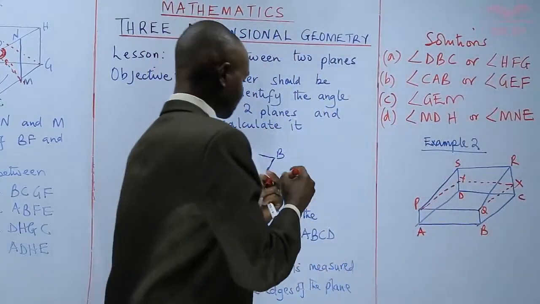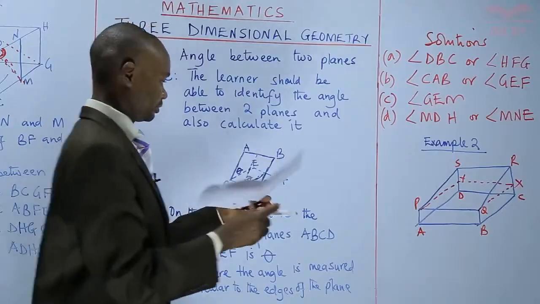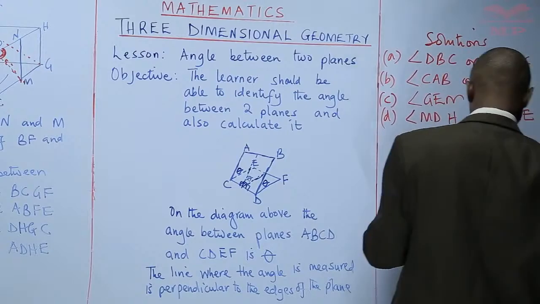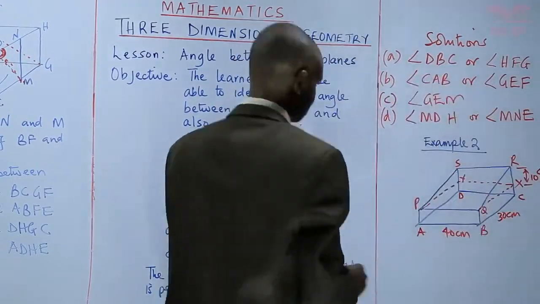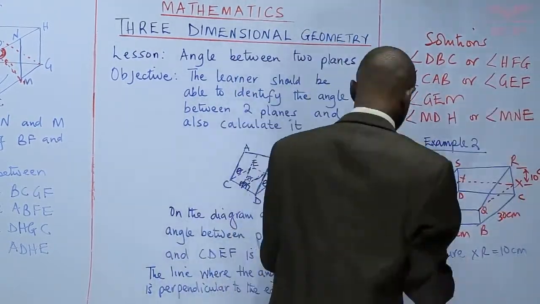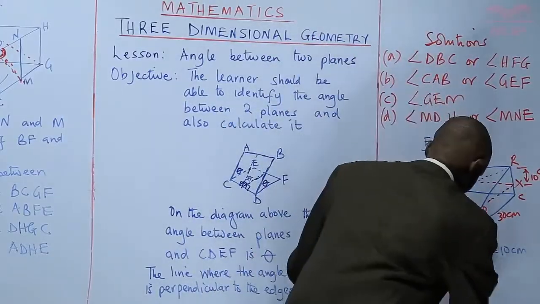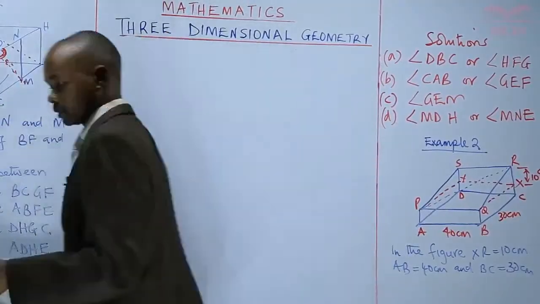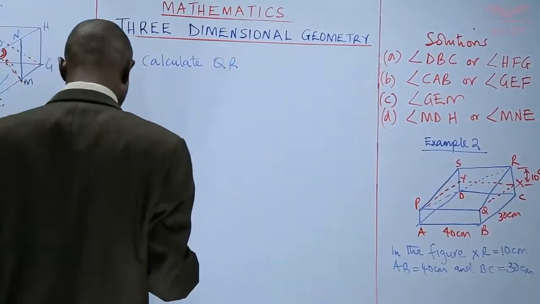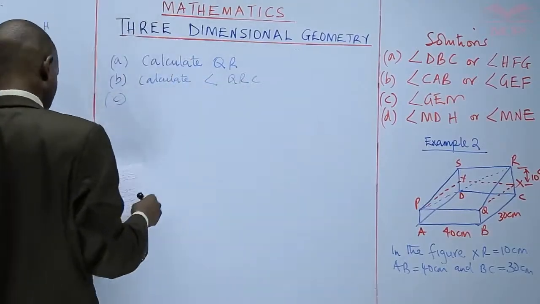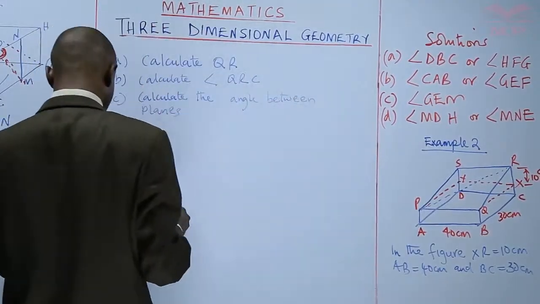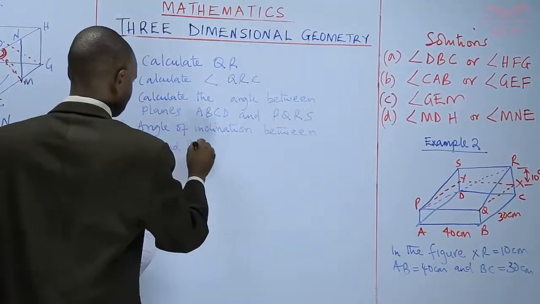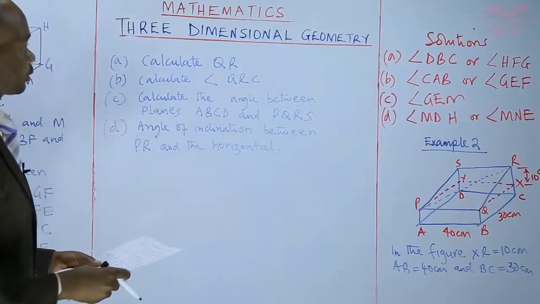So you're told that is the figure for the diagram. So this one is given as 10. So those are the questions.